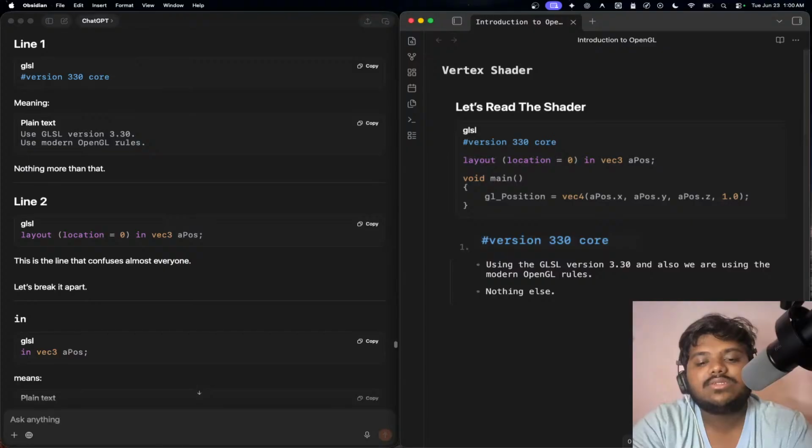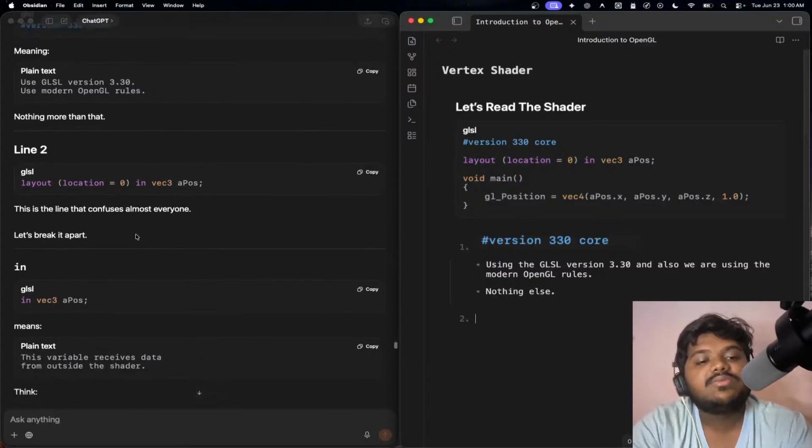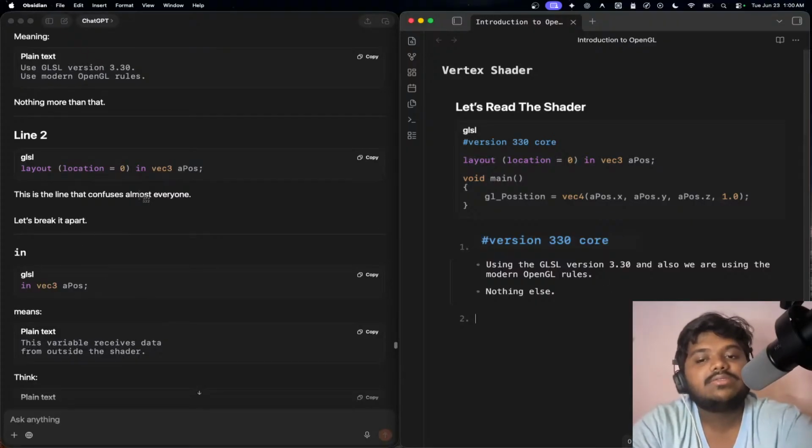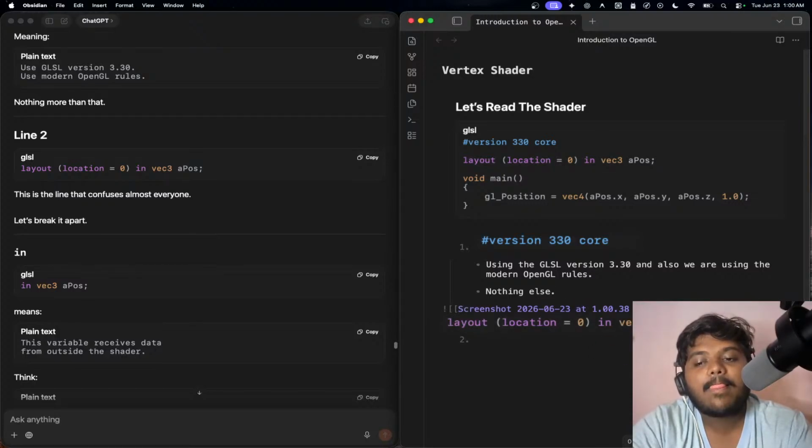No, it doesn't really have anything interesting, it's just a simple thing we need to know. So it has the layout location, right?